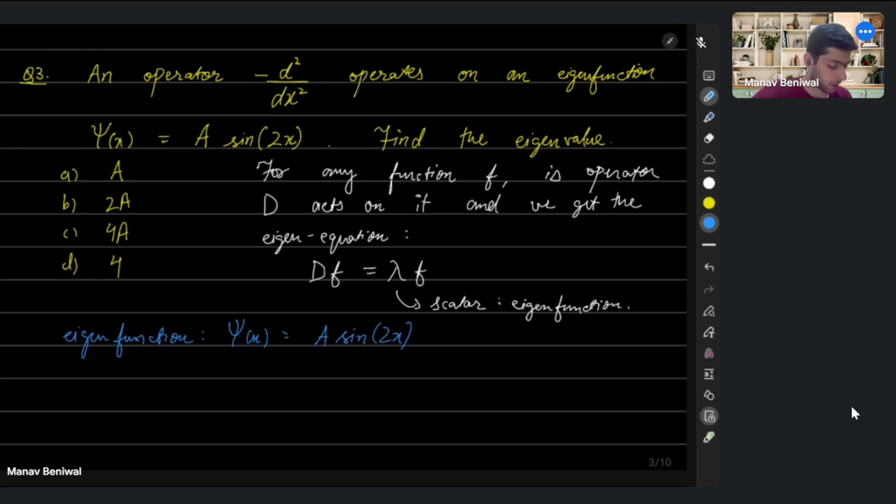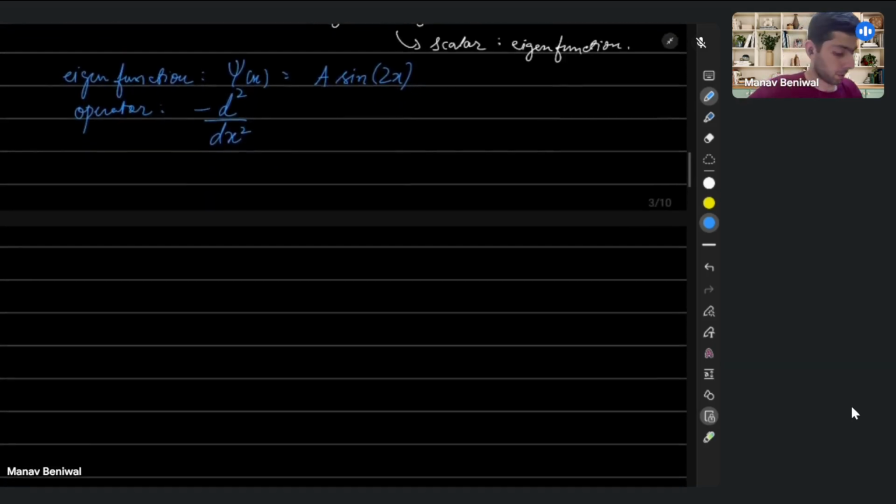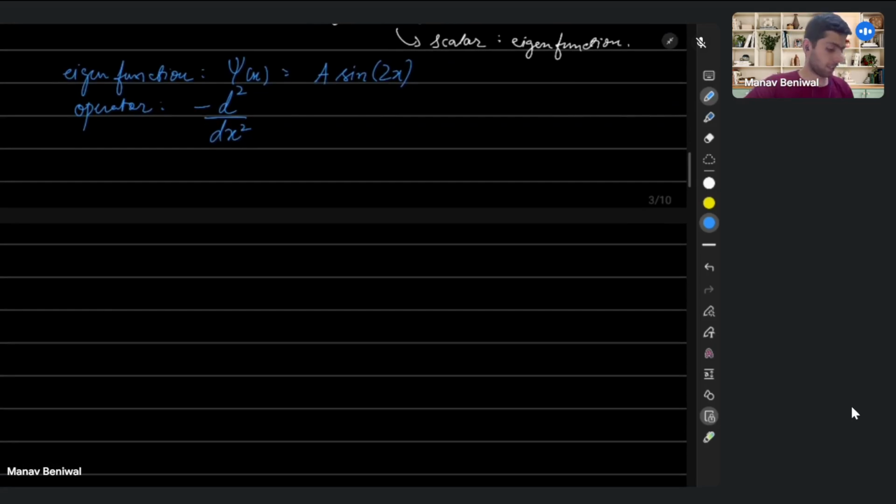Here our operator is given to us as minus d2 over dx squared. So let us operate.